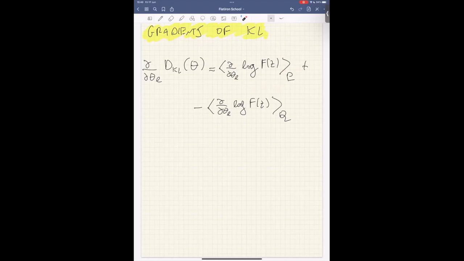Now you see that the interpretation of this is quite nice, because the gradient can be computed with two averages. The first one is performed over data that is generated from my model. What it means is that at each step of gradient descent, I generate data from my model P, from the square of my wave function, like in VMC, like conventional Monte Carlo.